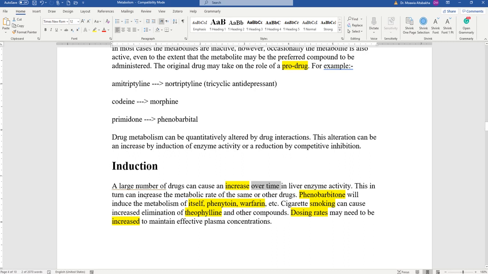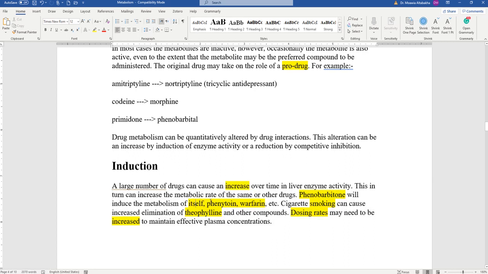Now, when a drug increases its own metabolism, نحكي لها autoinduction. Autoinduction is يعني الدراج will increase its own metabolism. ومثال عليه الفينوباربيتون. Phenobarbital will increase the metabolism of itself.